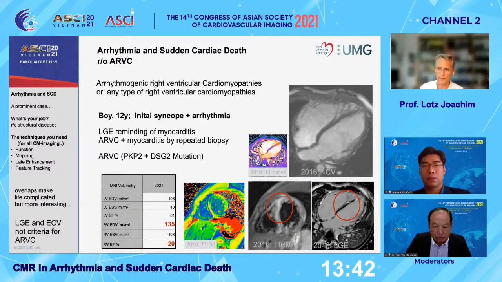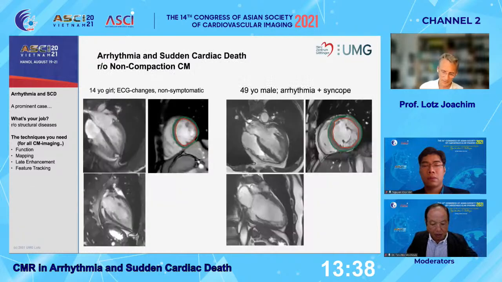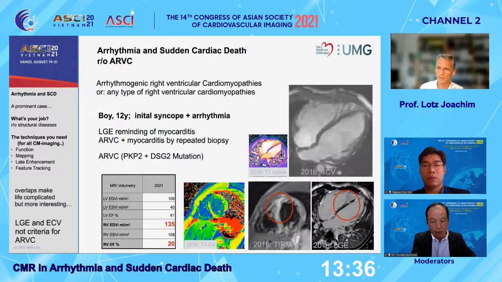And we did the imaging on him, and we see, or what you don't see because it doesn't run, you see that for a 12-year-old boy, we have a quite large right and left ventricle, but especially the right ventricle is pretty much dilated, and you should see some dyskinesia here.